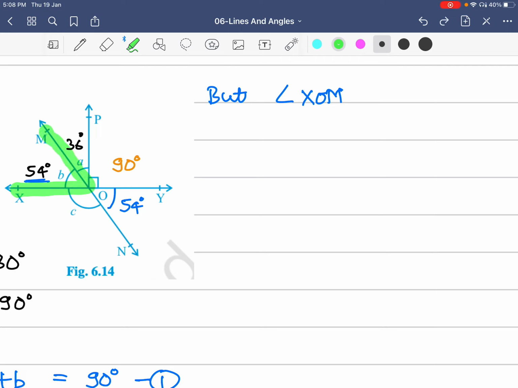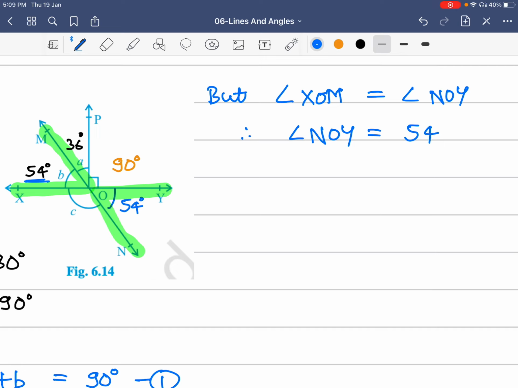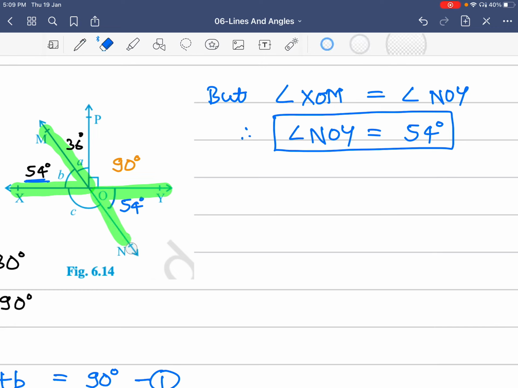Angle XOM is equal to which angle? Angle NOY. Therefore angle NOY will be equal to 54 degree. This is an important piece of information. Now once again, let's remove the highlighter so that we understand.